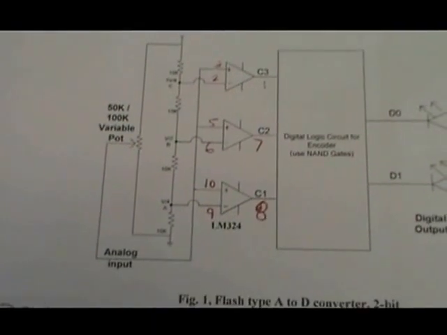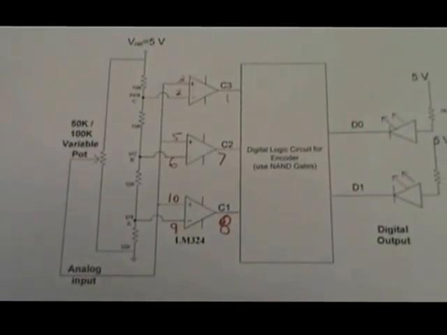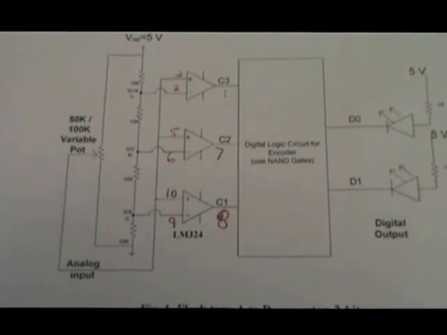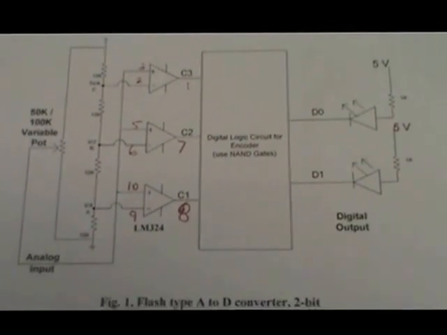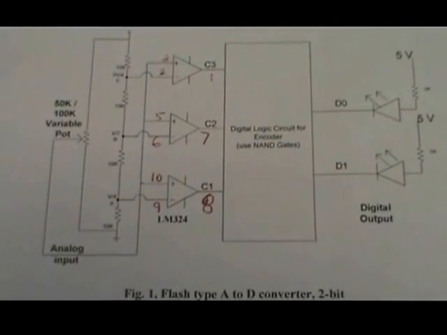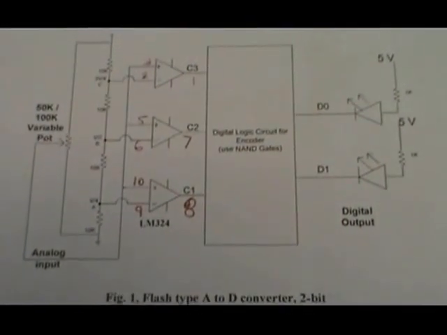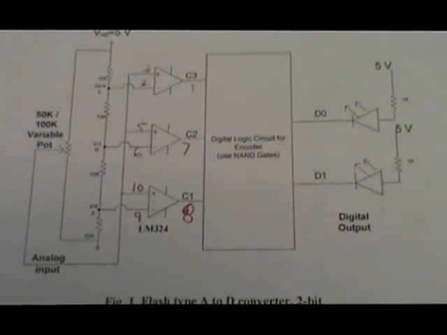In step 2, you are supposed to build a digital logic circuit for the encoder, which will convert the 3 inputs to the equivalent 2-bit digital output. So according to the comparator outputs C1, C2, C3, we are supposed to observe outputs D0 and D1 with blinking of LEDs.